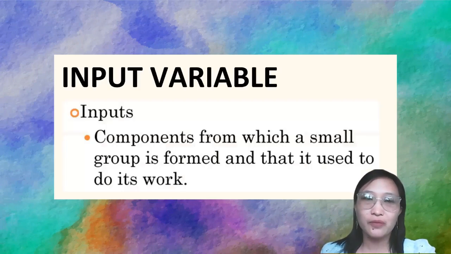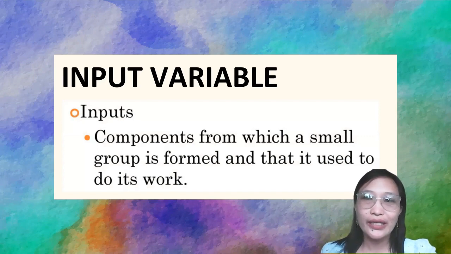So the input variables are the resources, information, or materials that enter a particular system. They provide the necessary inputs for the system to function and produce desired outputs. These are the components from which a small group is formed and that it uses to do its particular work.